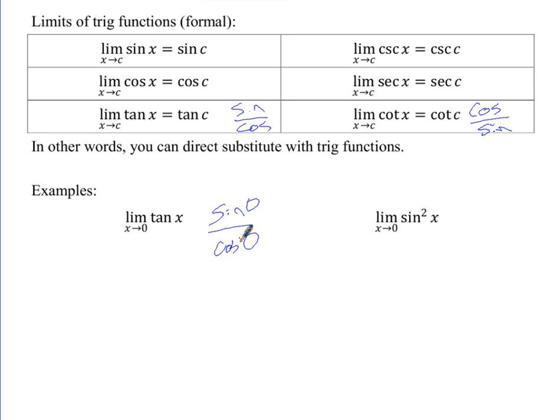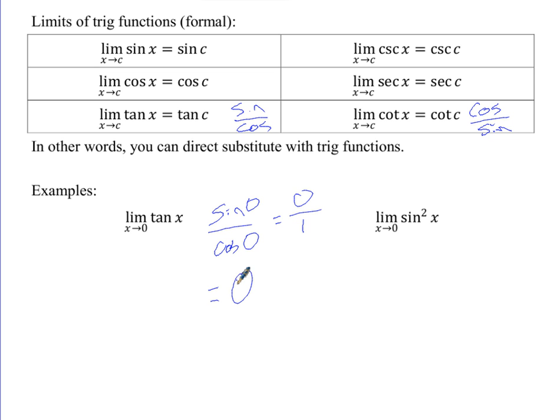I'm direct substituting, but I'm using my trig identity for tangent. 1 on the bottom, 0 on the top, so this is 0. No. You're finding a limit, right? So then the limit does not exist because you're approaching a vertical asymptote.